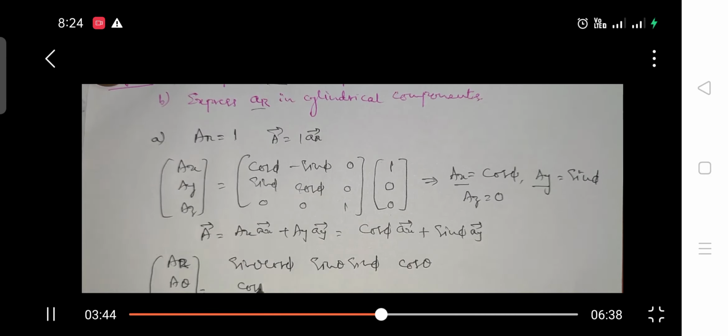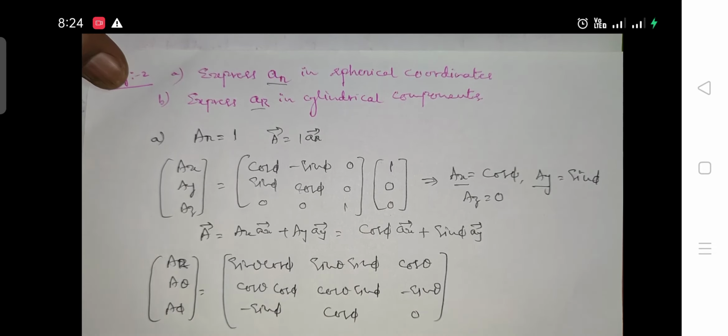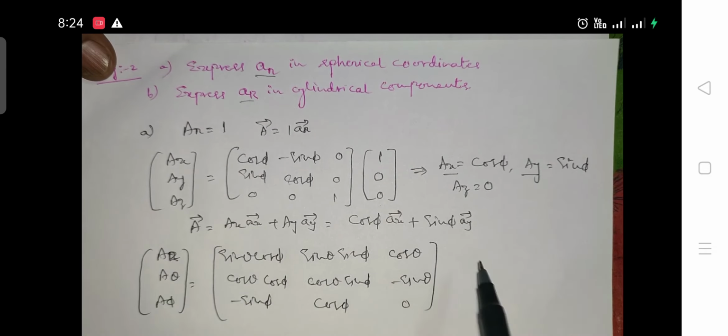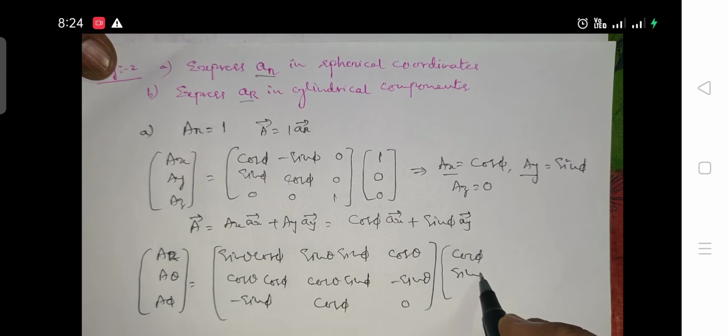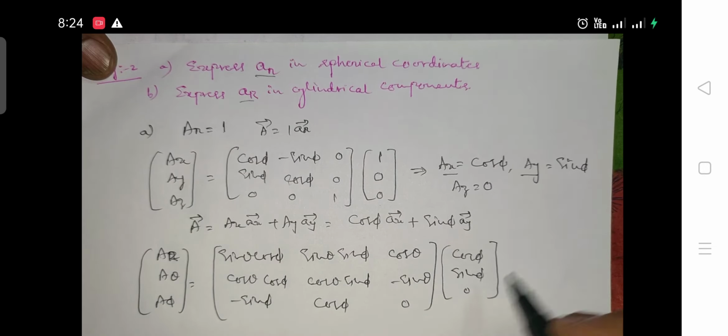Cos theta cos phi, in order to have this, cos theta sin phi, minus sin theta, minus sin phi, cos phi, 0, multiplied by AX, AY, AZ. AX term is cos phi and AY term is sin phi and AZ term is 0.